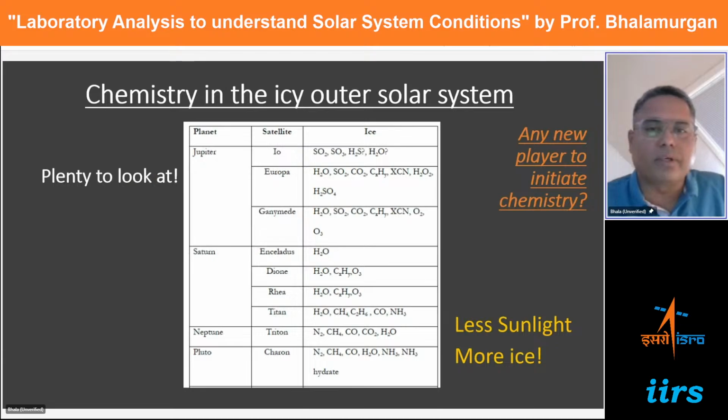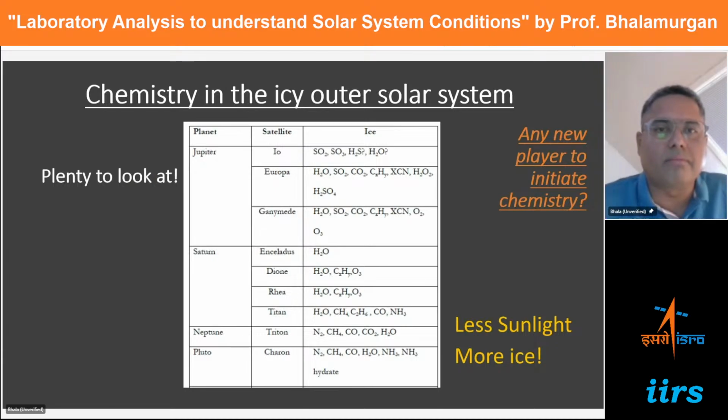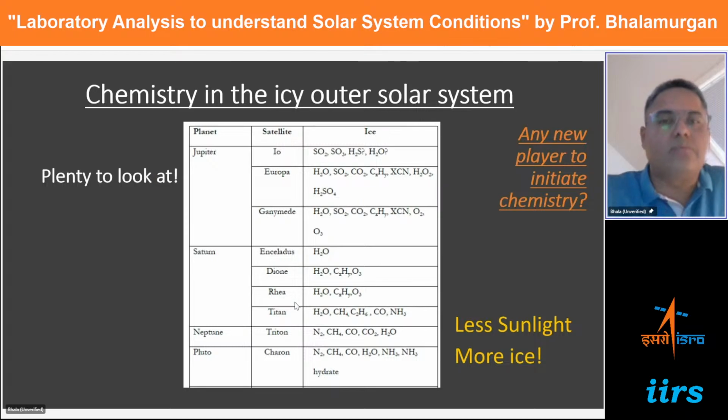Here we have listed a few of the moons of Jupiter, Saturn, Neptune and Pluto, and you see they have a common molecule, which is mostly water. And there is a bit of SO2 in a few of those, and nitrogen when you move out of the solar system.